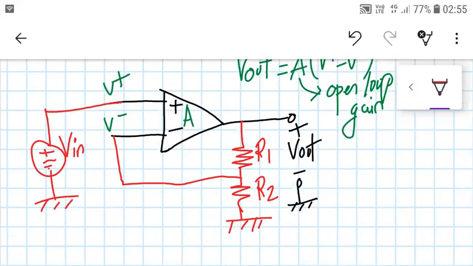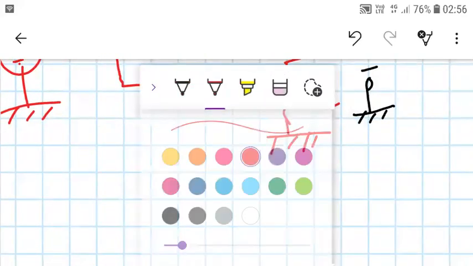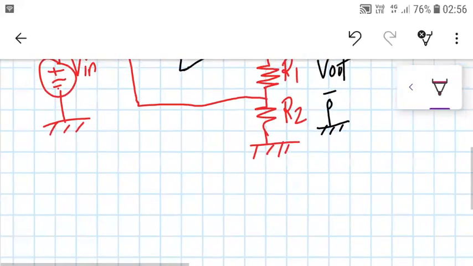The red colored parts are the external components and the black one is my actual op-amp. What I need to derive now is the output expression, that is V out in terms of V in. So we need to find out the gain.